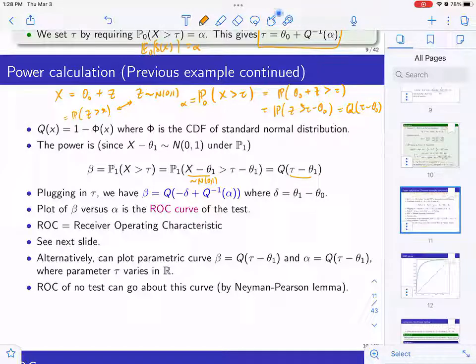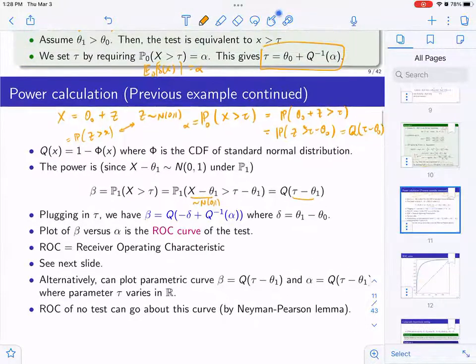And if I plug back the threshold, actually, you can see what happens. So if this is the tau that I have, this guy is tau. If I plug it in here and define this delta to be theta 1 minus theta naught, that's basically the signal.